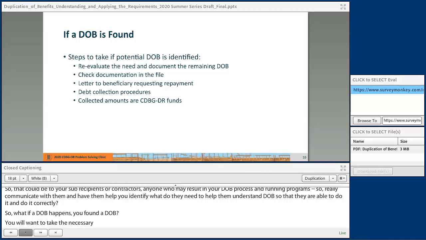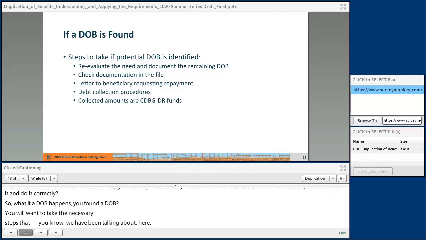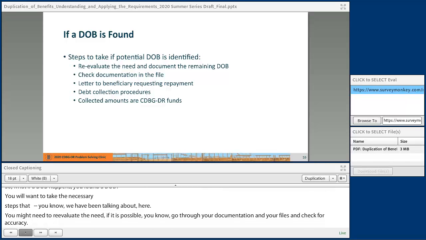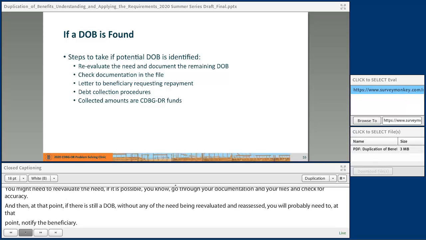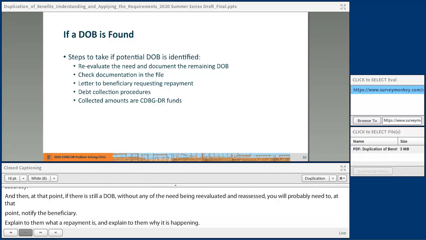At that point, if there is still a DOB without any of the need being reevaluated and reassessed, you will probably need to notify the beneficiary and explain to them what repayment is and why it's happening at that stage. And then lastly, you would turn to your debt collection processes to collect the amount of duplicative CDBG-DR assistance.